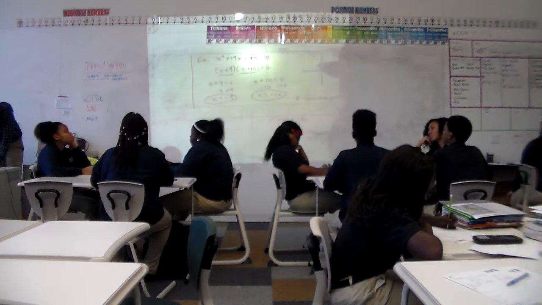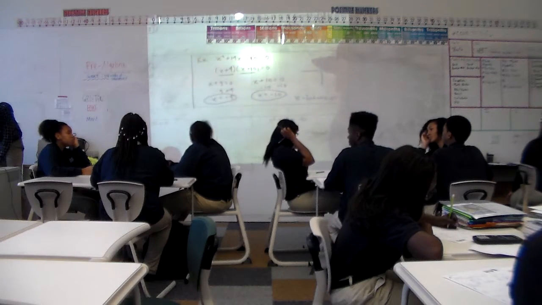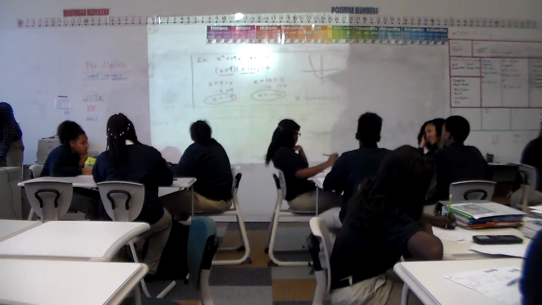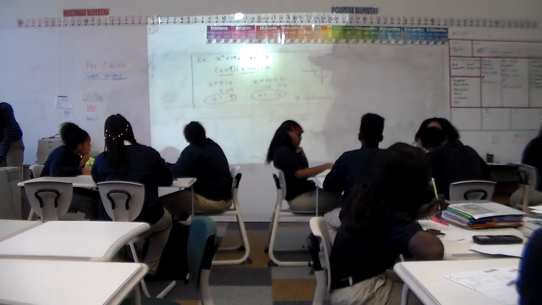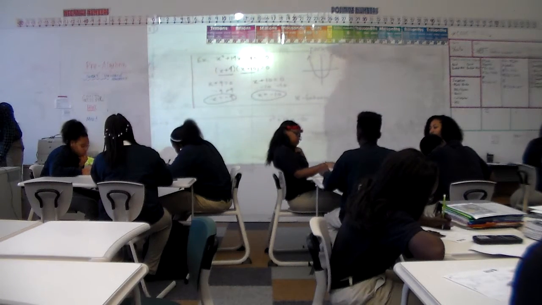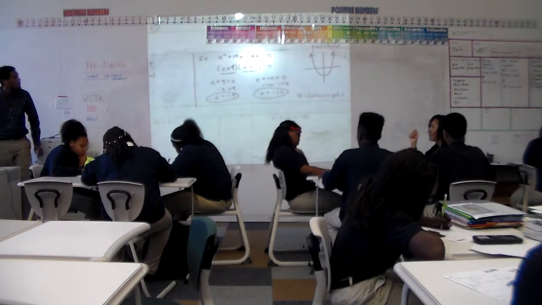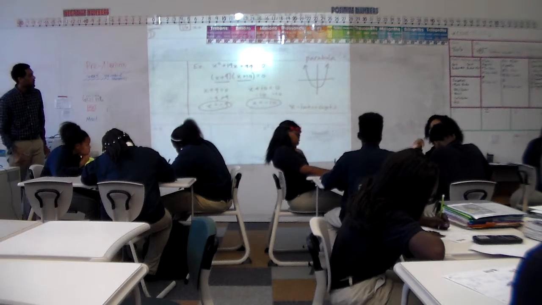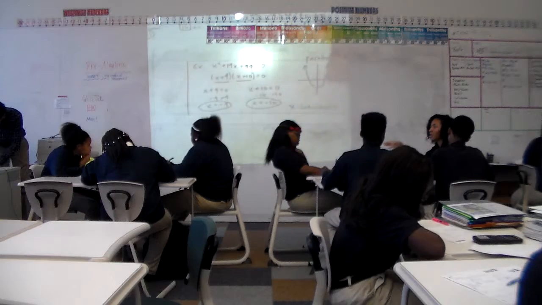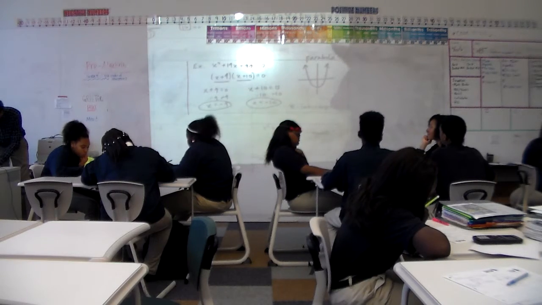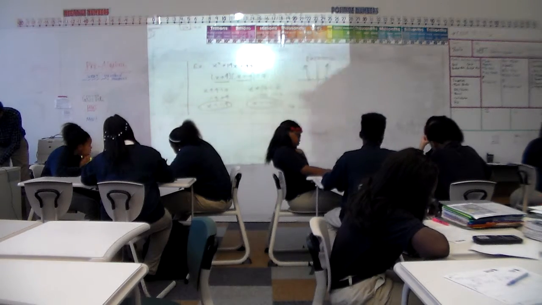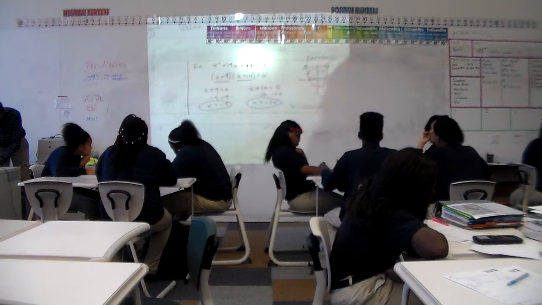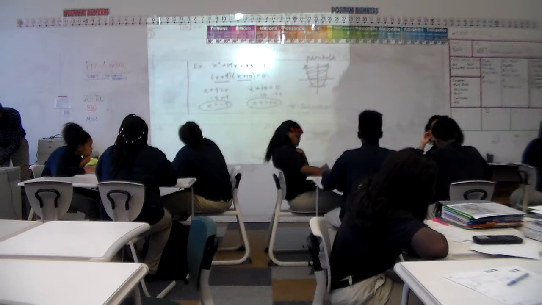So we're on the right track. Yes, it is a U shape. It's called a parabola. And it would look like so. And oh, I just realized they're both negative. I just made a silly mistake. Ignore my graph.